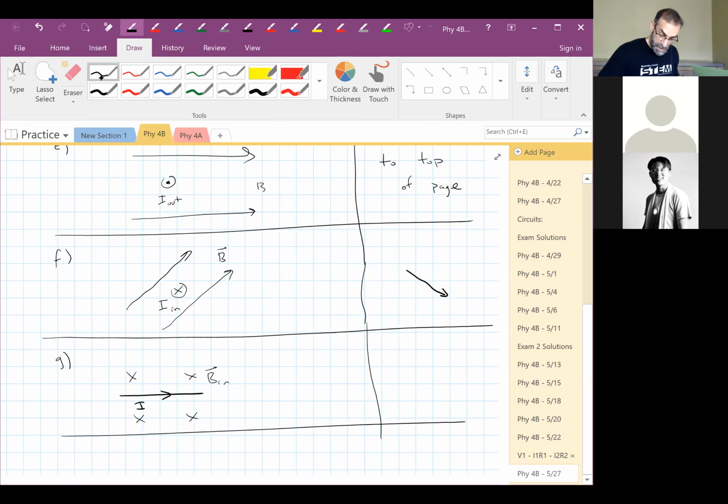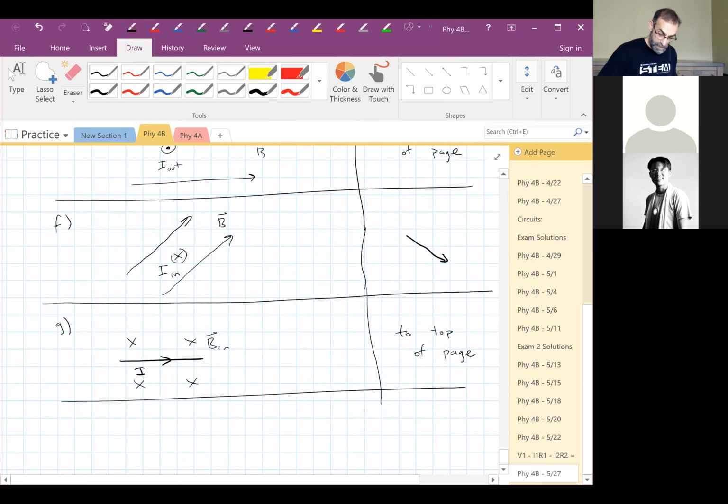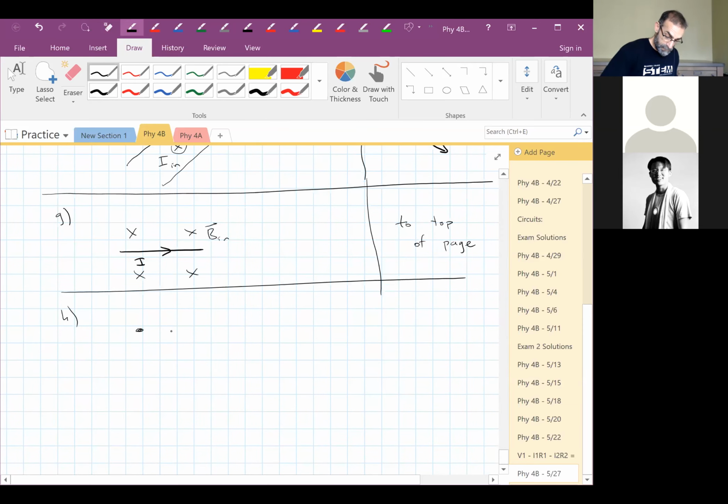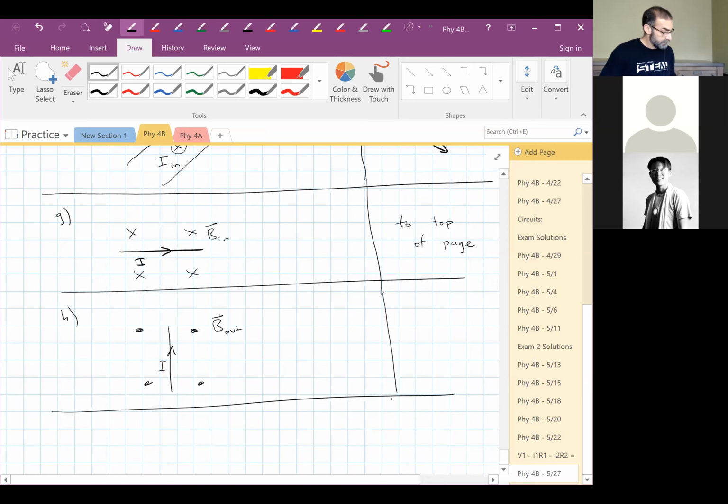And G is towards the top of the page. And how about having B coming out this time? And I. Yeah. To the right.